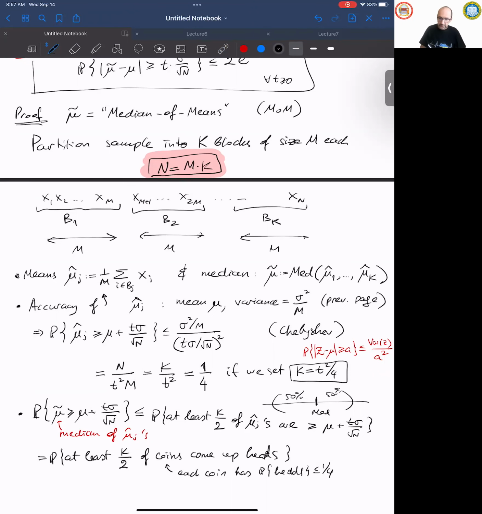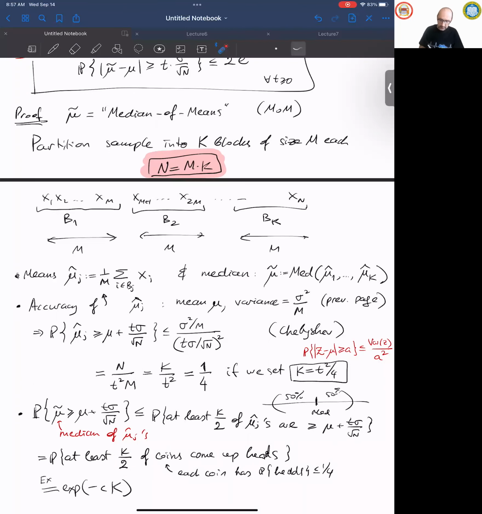And that's by the example above. This has probability exponentially small, not just small, but exponentially small in the number of coins. On average, k/4 should come up heads, and in this event half of them come up heads.